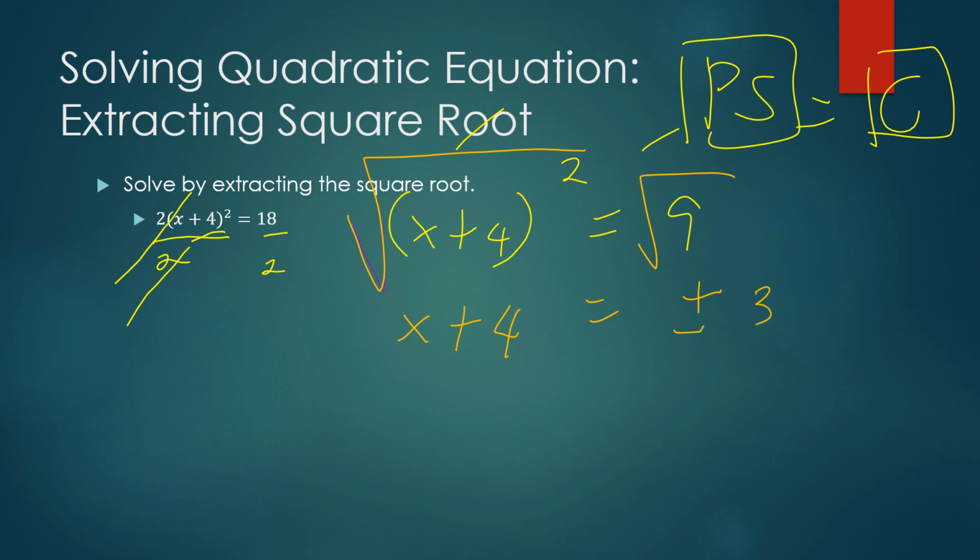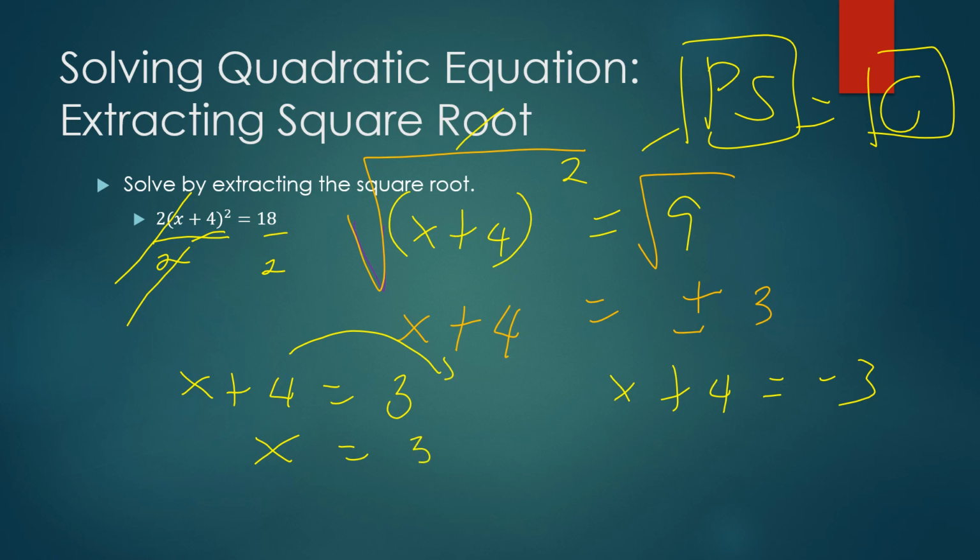And then we're not solving for x plus 4, we're solving for x. So your x plus 4 could be positive 3, or your x plus 4 could be negative 3. And then we perform the operation. This becomes negative on that side. So 3 minus 4, our x equals negative 1.